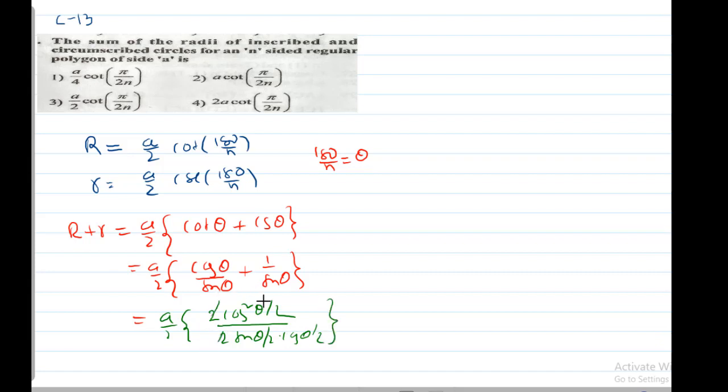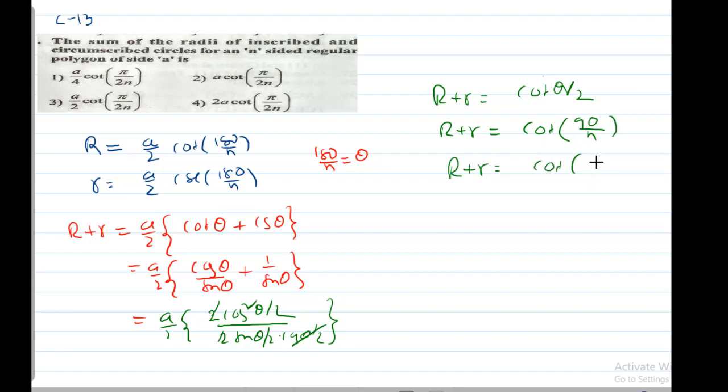Here 2 gets cancelled, and cos theta by 2 gets cancelled. So capital R plus small r is equal to cot theta by 2. So capital R plus small r is equal to cot of theta by 2, meaning 180 by n by 2, which is 90 by n. In other words, I can say capital R plus small r equals cot of, 90 degrees meaning pi by 2 radians, pi by 2n. So this is the answer.